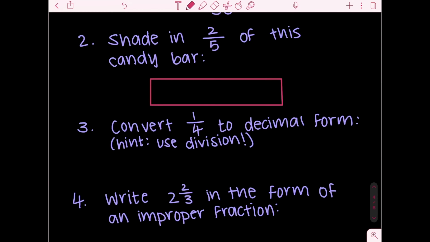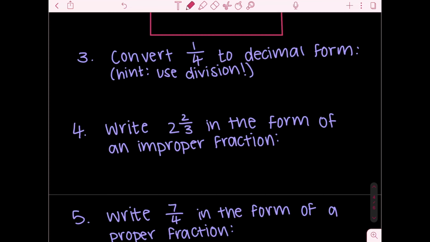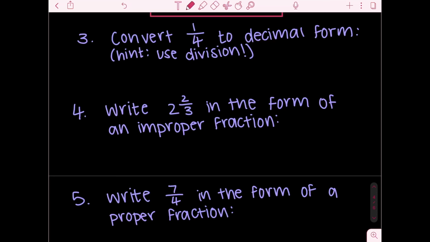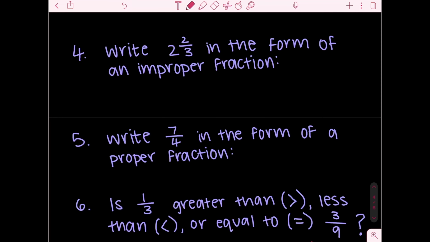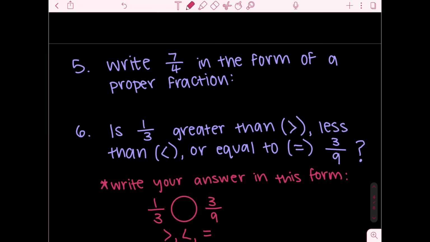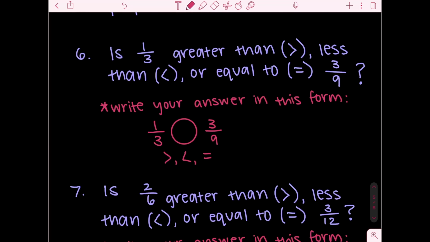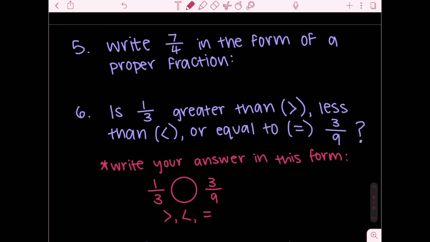Number 2, shading in some part of a candy bar, 2/5 of a candy bar. Number 3 is converting a fraction to decimal form. Number 4 is writing 2 2/3 in the form of an improper fraction. Number 5 is writing 7/4, an improper fraction, in the form of a proper fraction. And by proper fraction, I mean mixed.